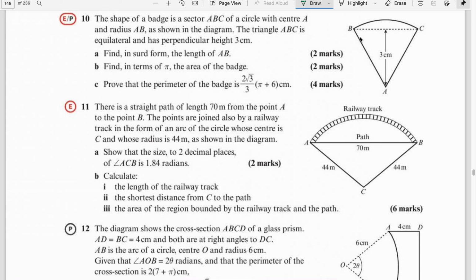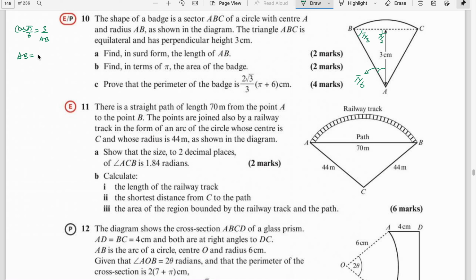So this is already equilateral, so this should be pi by 3, and this is 90 degrees, or pi by 2, and this angle right here is pi by 6. So we can use any of these to find AB. If I'm using pi by 6, I'm using cos. So cos of pi by 6 is base over hypotenuse, which is AB.